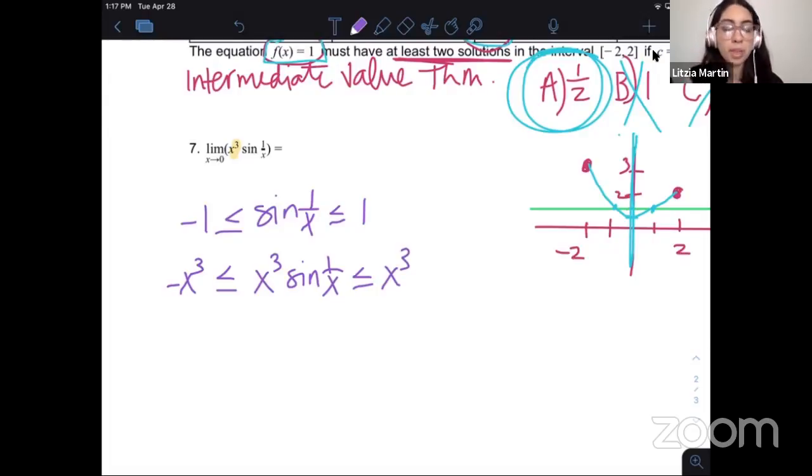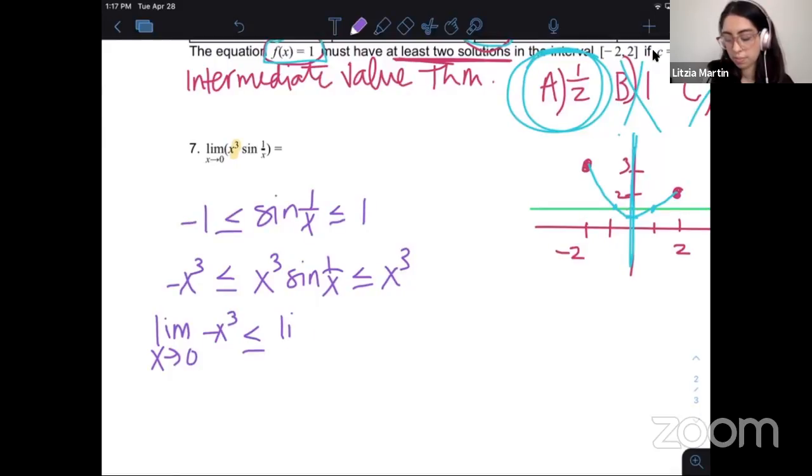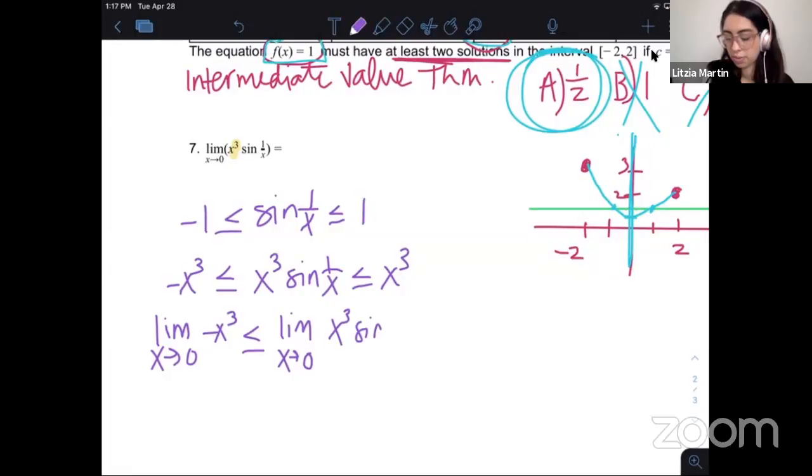So that we have created that same function, and we want to take the limit as x goes to 0 of that whole thing.